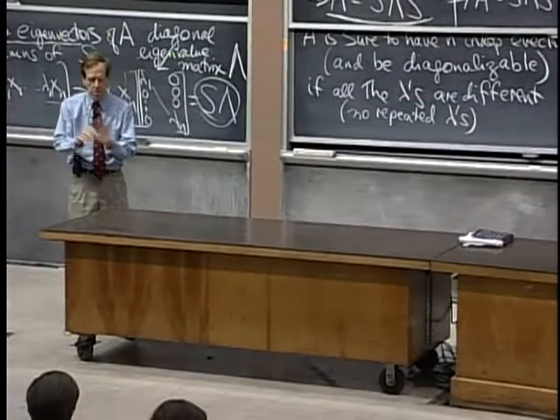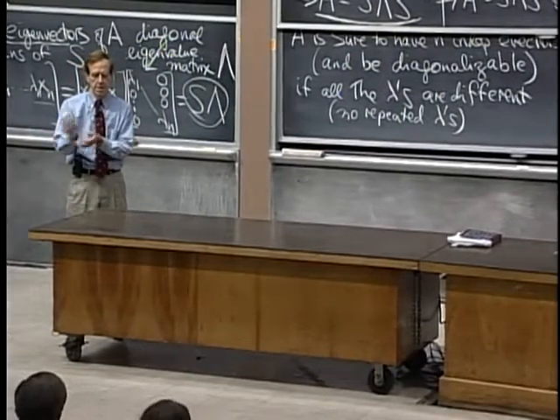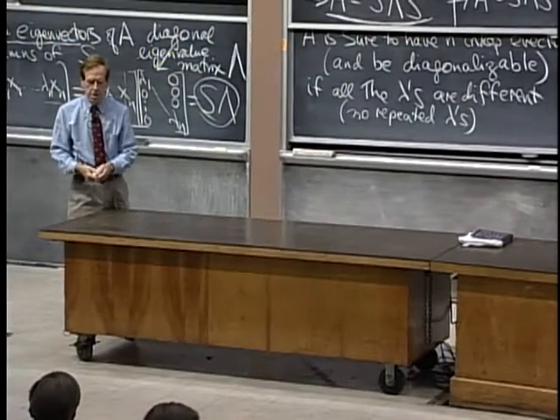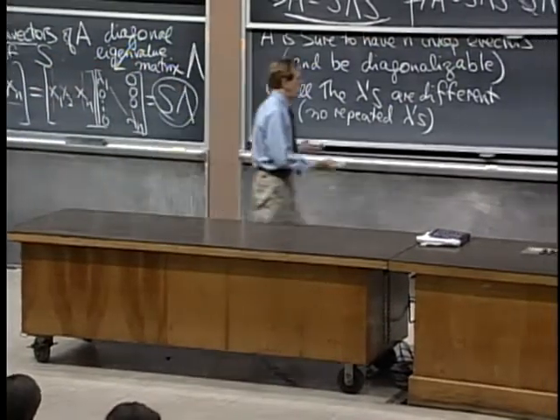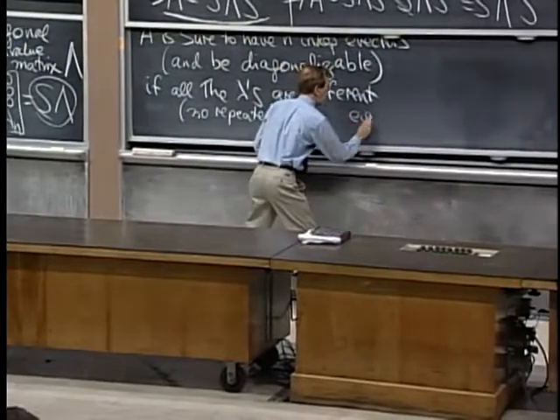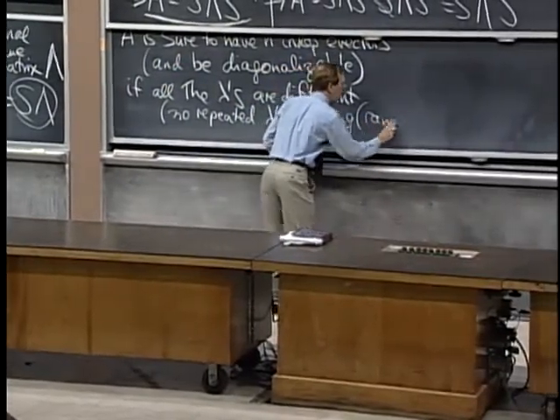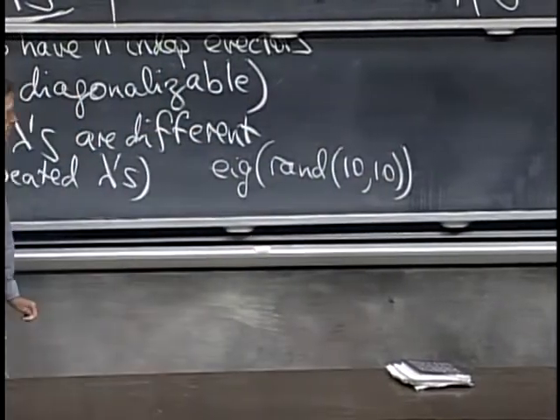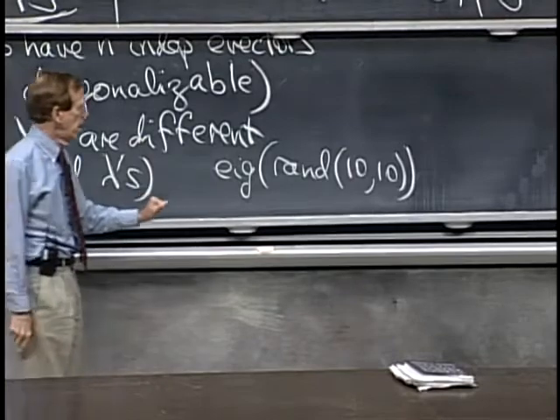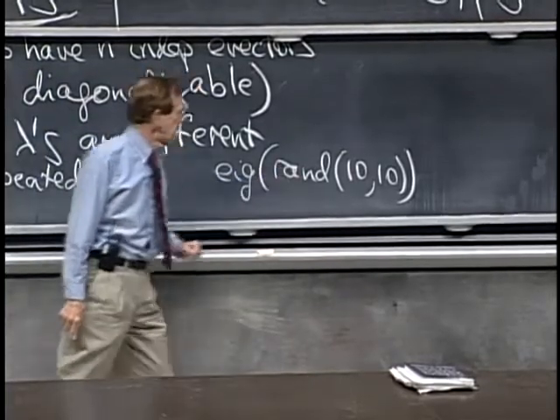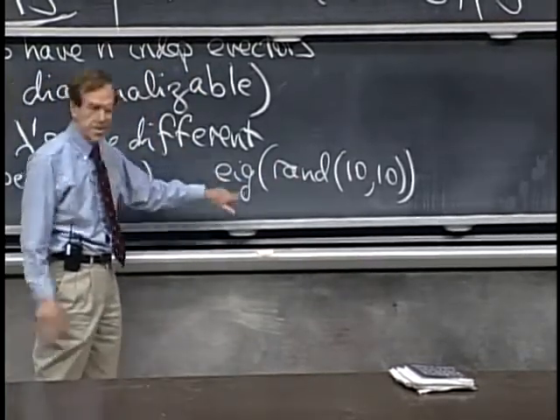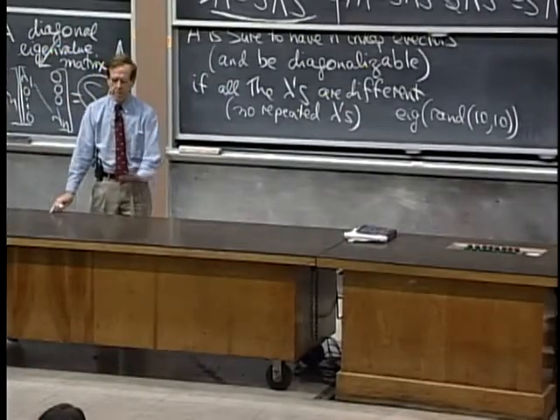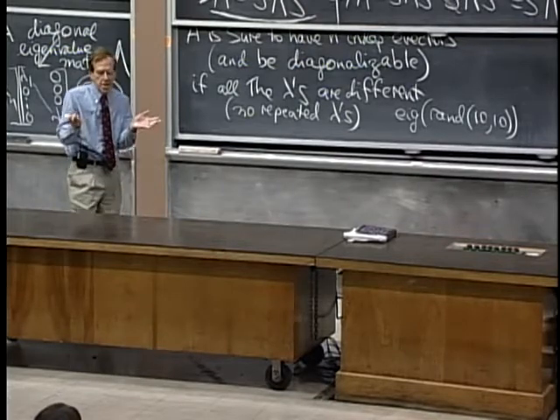If I do a random matrix in MATLAB, if I took eig of rand of 10, 10, gave that MATLAB command, we'd get a random 10 by 10 matrix, we would get a list of its 10 eigenvalues, and they would be different. They would be distinct is the best word.